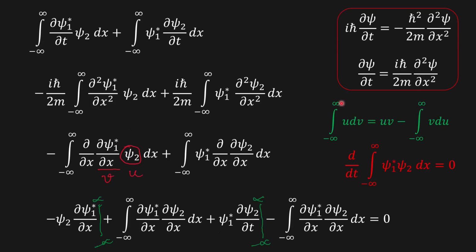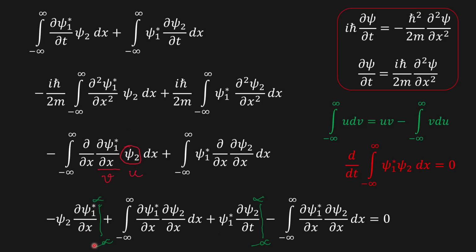We know that the integral of u dv is equal to uv minus the integral of v du. So the first term is uv, where u is psi 2 and v is the partial derivative of psi 1 star with respect to x.